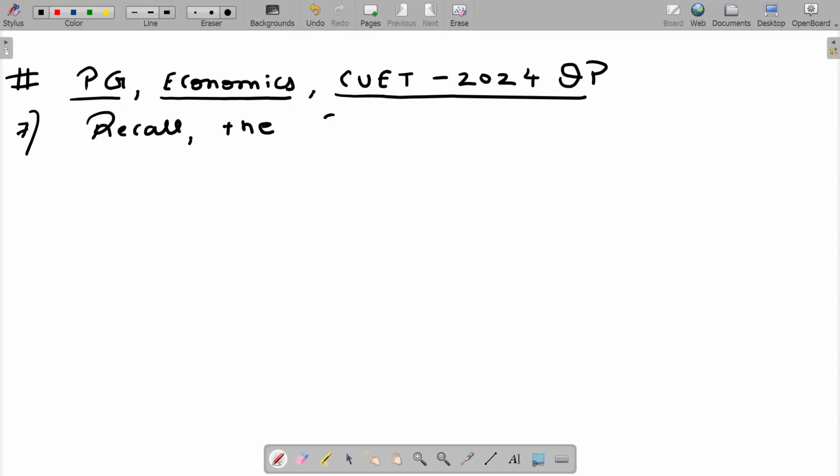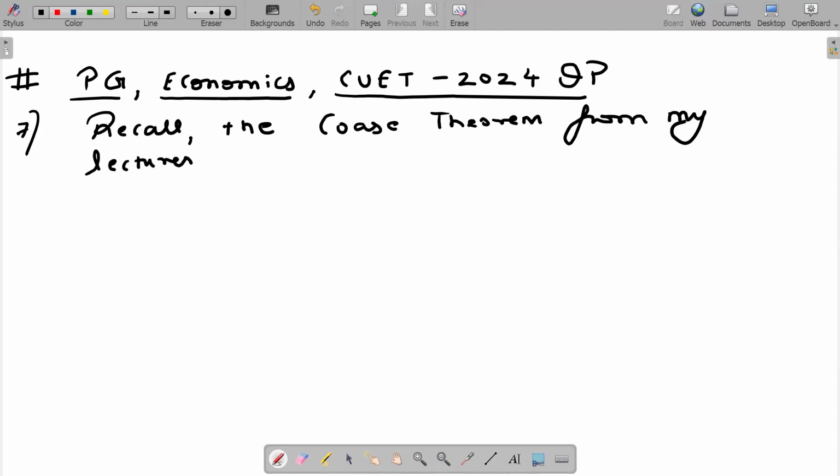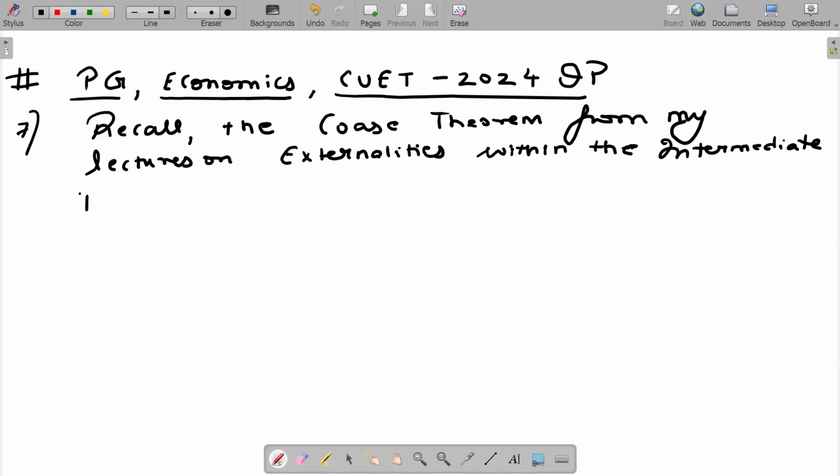Recall the Coase theorem from my lectures on externalities within the intermediate microeconomics. Students who have subscribed to my complete course for CUET PG Economics will have access to all these lectures. You need to recall and revise the Coase theorem from my lectures on externalities.